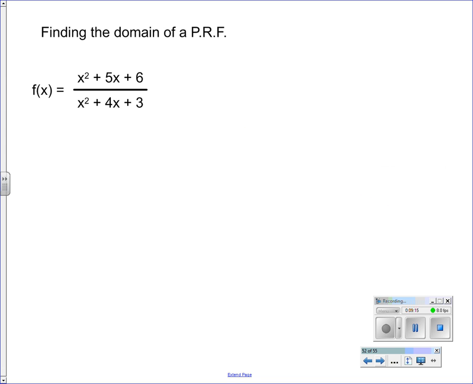So the last thing we're going to talk about is finding the domain for a polynomial rational function. How we determine the domain for a function. So the main thing to remember is that anywhere the denominator of the function is 0, that value will not be in the domain.